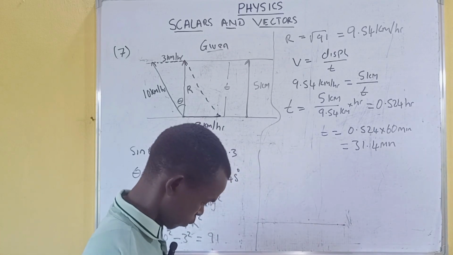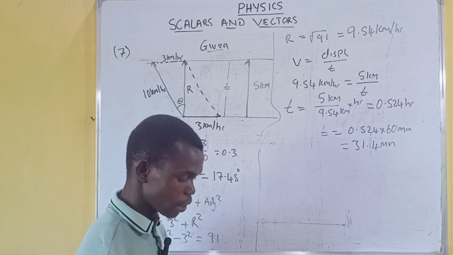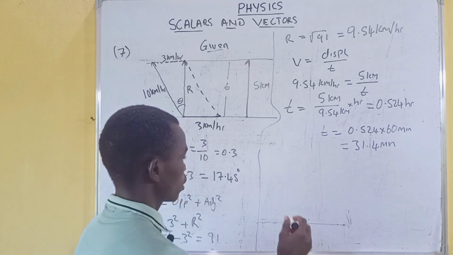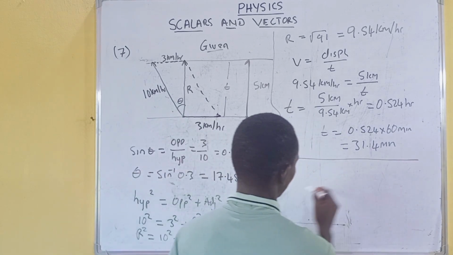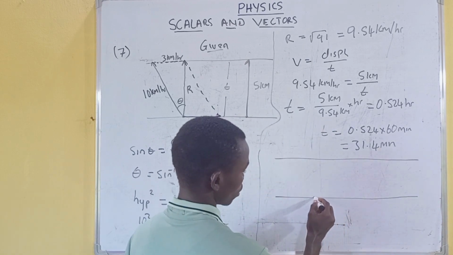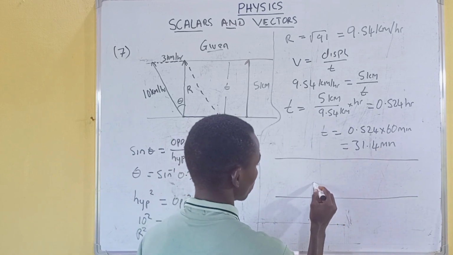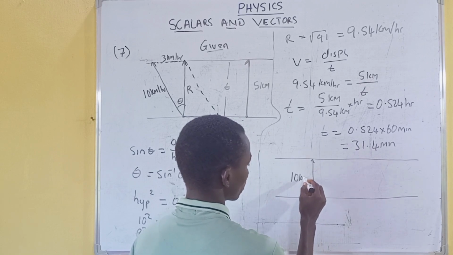Question 3. How far from his destination will he land if he ignorantly steers northward? If here is the river, he ignorantly steers northward from here to here, which is equal to 10 kilometer per hour.